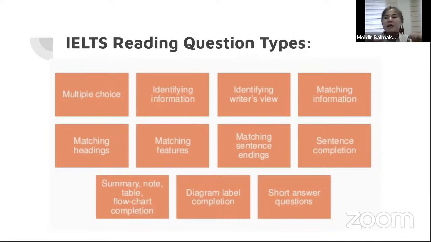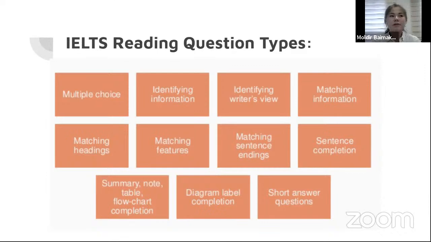But if there's nothing about this statement in the text, or there is some information, but it's not enough to make such a statement, which can also be confusing, it is not given. And the problem with not given is that sometimes we try to interpret the text. For example, from my personal experience, I had this mindset that if it is mentioned in the text, then it's not given.